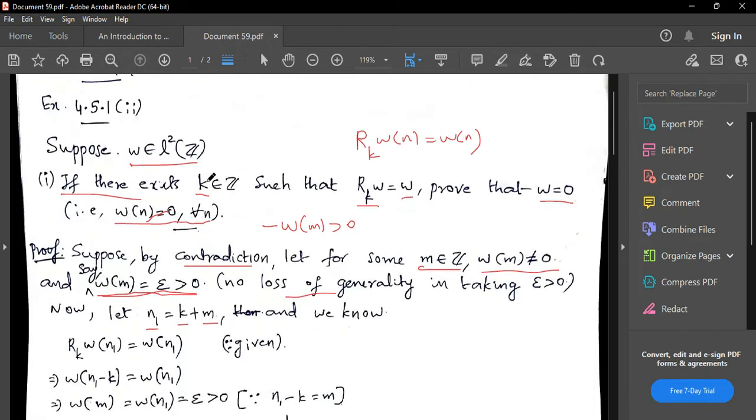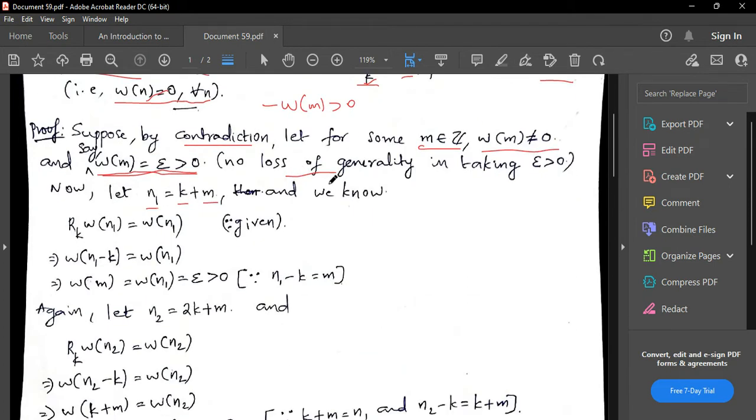What is k and m? k is the number such that Rkw of n is equal to w of n for all n, a fixed integer, and m is the one we found such that w of m is not equal to 0. So we compute n1 as this fixed k plus fixed m. Now we compute Rkw of n1. We know that Rkw is equal to w, so Rkw of n1 is equal to w of n1. By the definition of Rk, this is w of n1 minus k.